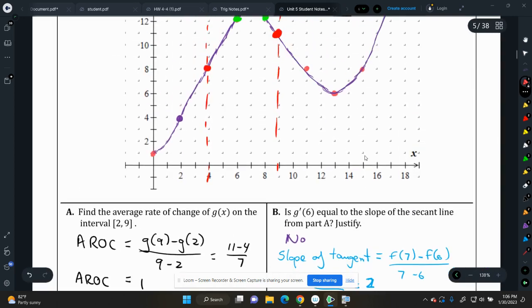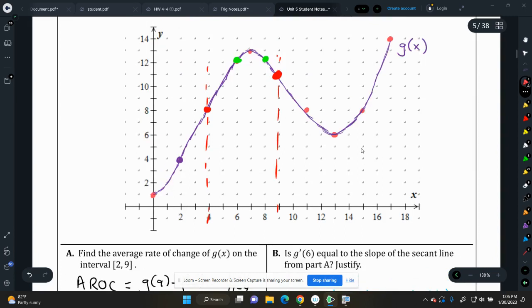Now, here's the tricky part. Because understanding Rolle's theorem, there is an A and a B between these 2 points where Rolle's theorem would apply. Do you agree with that? Okay.